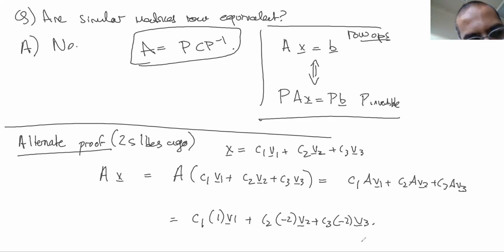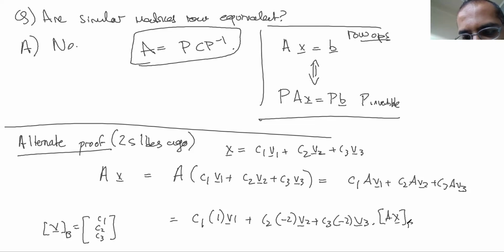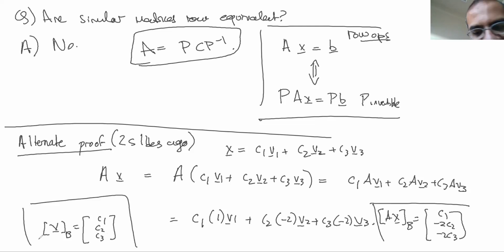And so now if you see what A did to the coordinate vector of X, the coordinate vector of X in the B basis was C1, C2, C3. But what was the coordinate vector of AX in the B basis? Well, it's the vector C1, minus 2C2, minus 2C3. So combining these two facts, you get that the matrix has to be what I wrote.